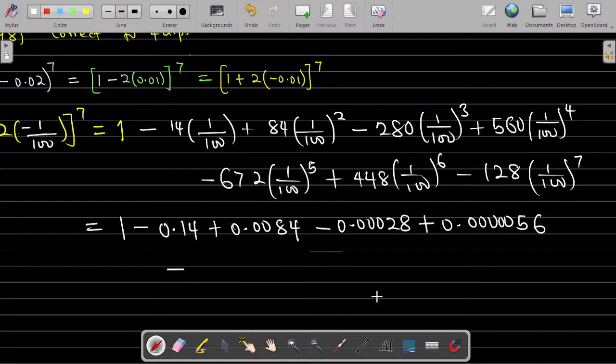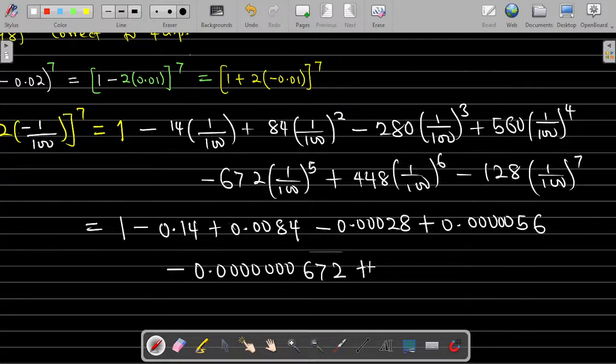That's a lot of decimal numbers, so it is 0.0000000672. Then the next one is to the power of 6, multiplied by 448, which gives us 10 to the power of minus 10.